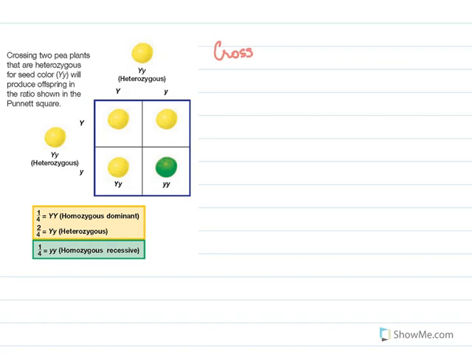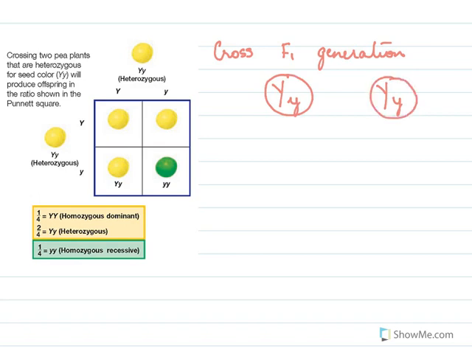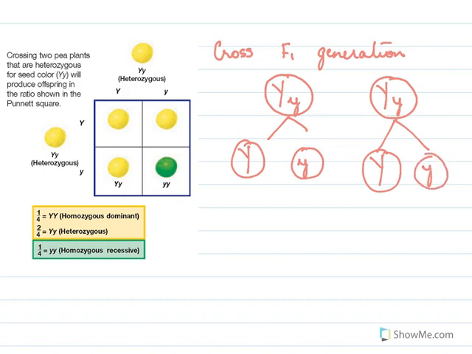In the next step, we cross the F1 generation. Now, if you recollect, the F1 generation has capital Y, small y like this. These were 2 individuals of the F1 generation. Their gametes would be capital Y, small y, this would be the gametes, and here this would be the gametes.